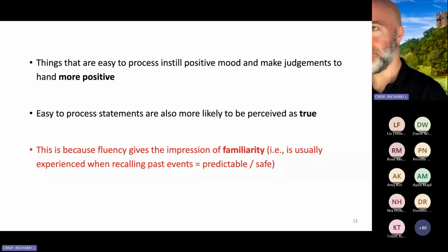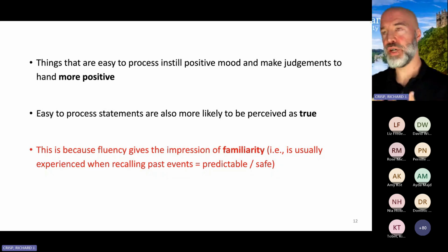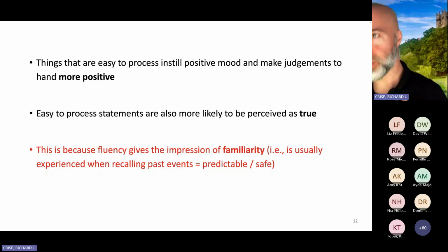If something is easy to process, it's therefore familiar. In evolutionary terms, if something is familiar, that means it's safer, and we're going to survive for longer. So there's an absolutely visceral, fundamental reason why we like things that are familiar and easy to process. It keeps us safe, and this is why processing fluency is such a powerful tool in the communications toolbox.